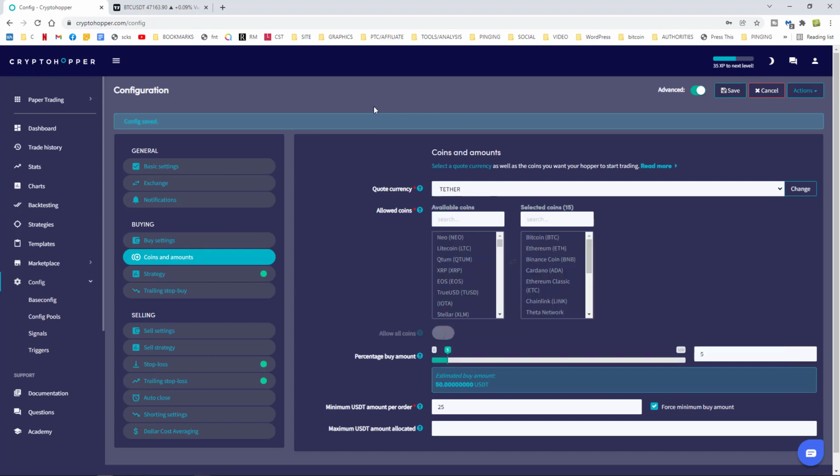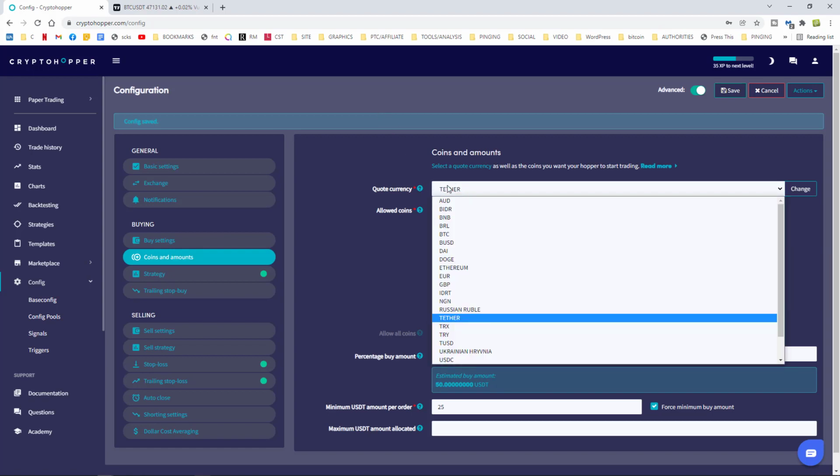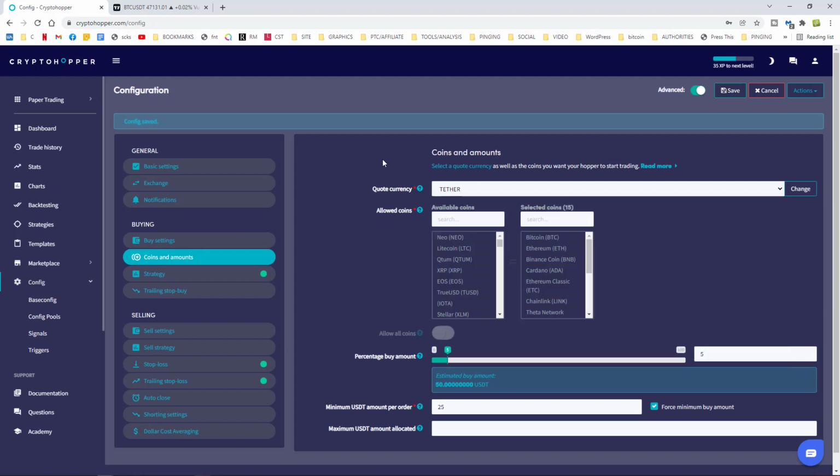But then instead of putting $1,000 worth of USDT into the bot or into your Binance, you would have to buy the USDT first. Instead of having USDT, if you were to change this to Bitcoin as your base or your quote currency, you would have to buy $1,000 worth of Bitcoin. Yeah, and then it would basically work in the same kind of way, but Bitcoin would be your base currency.